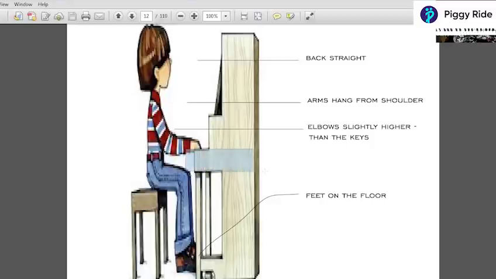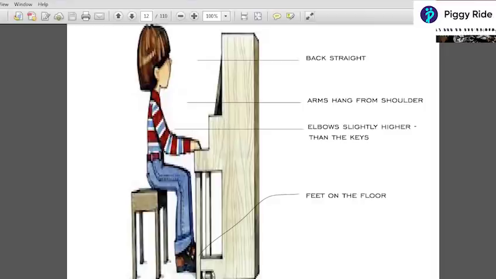This is the keyboard. You will sit on a stool or any type of chair without a hand rest, a plain stool like this.